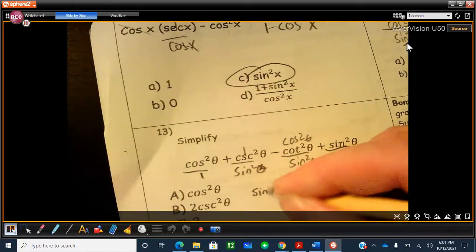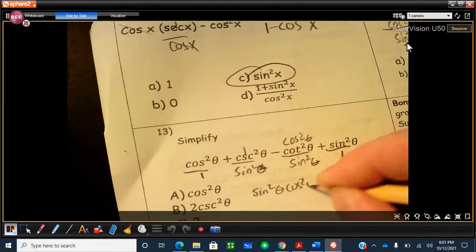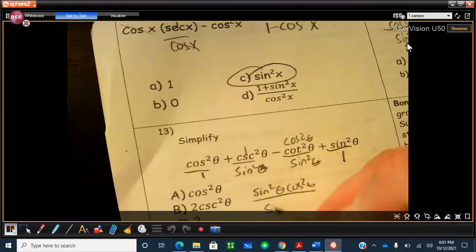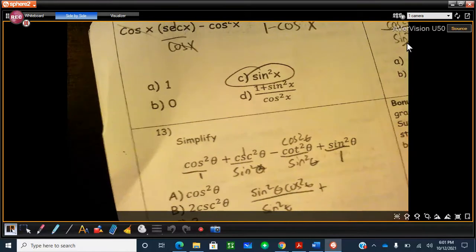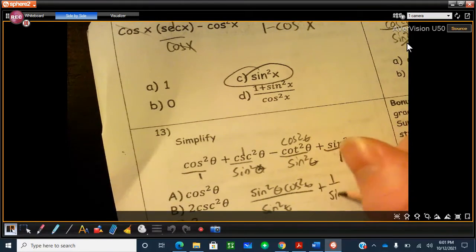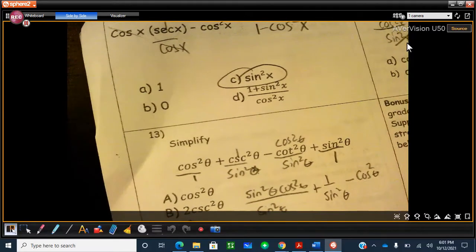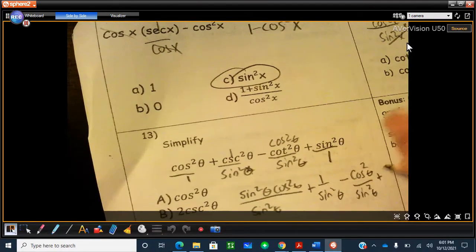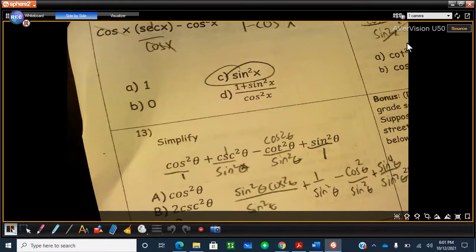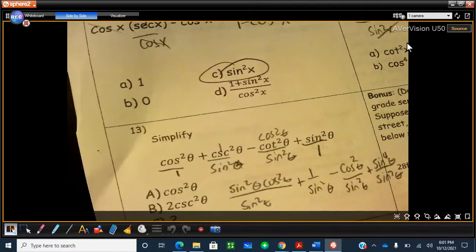So I end up with sine squared theta cosine squared theta over sine squared theta plus 1 over sine squared theta minus cosine squared theta over sine squared theta, and then plus sine to the 4th theta over sine squared theta. Okay, so how to simplify this?